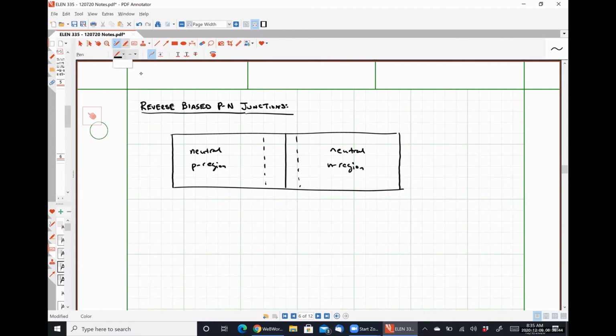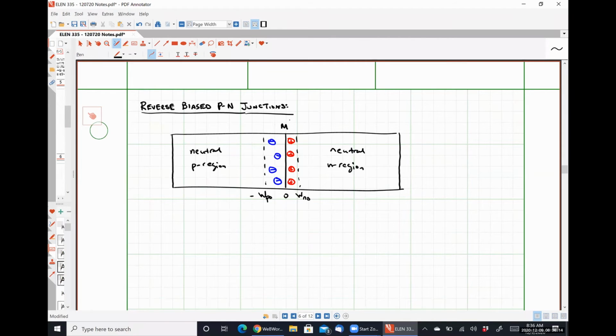We have bound negatively charged ions over here and bound positively charged ions on the N side of the junction. And just to be clear, this is WP naught. This is WN naught. This is 0. We have a metallurgical junction.